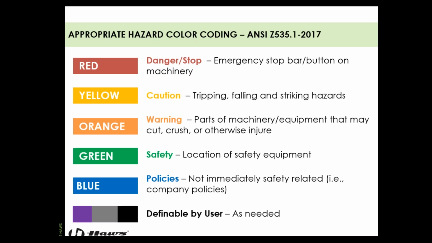Next, this one's actually a different ANSI standard. It's Z358.1. It has to do with color coding for hazards. And this is more of a bragging point for me. I love bringing this up. But red is danger, stop, emergency stop bar button. Yellow is tripping, falling, and striking hazards. Orange is parts of machinery that can cut or crush, etc. Green, like the color of a specific safety manufacturer whose webinar you are, I think, attending right now, is the location of safety equipment.